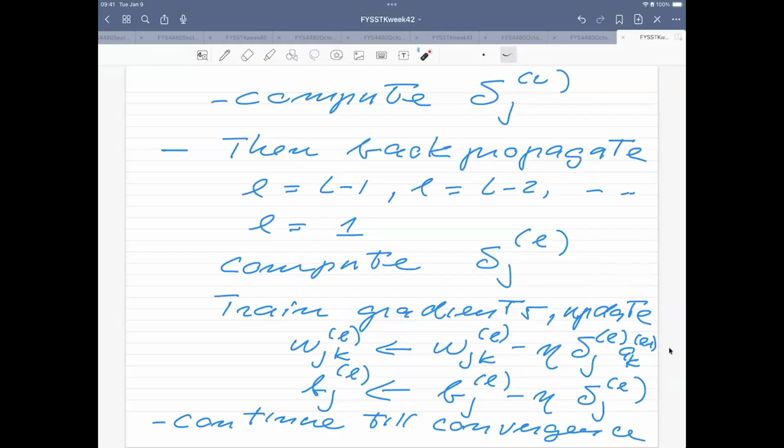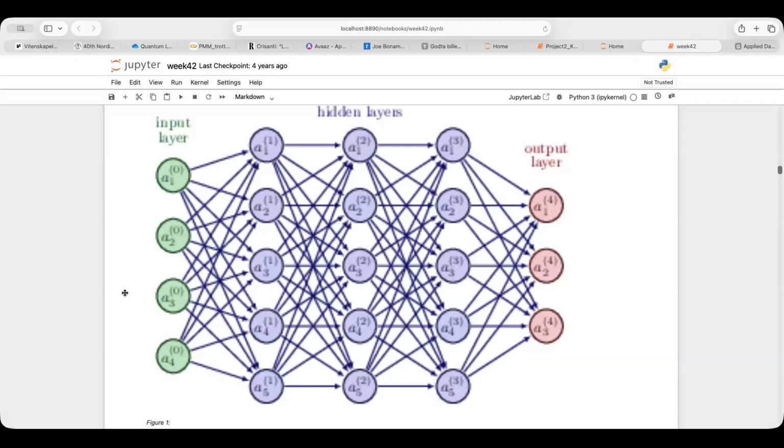Okay, so I'm going to go back to the Jupyter notebook now, and let's do that. Essentially, the situation we are going to deal with is something like the one you see in the image here. You will have a set of input nodes.